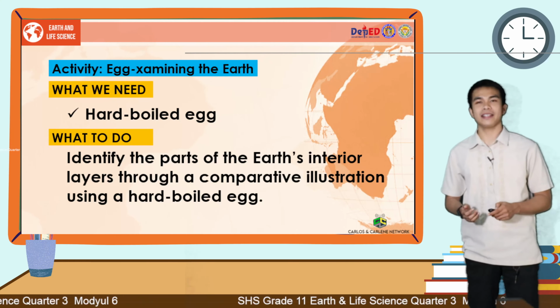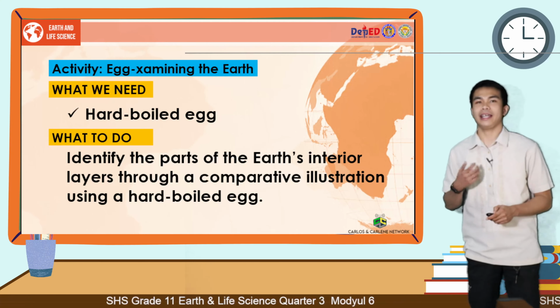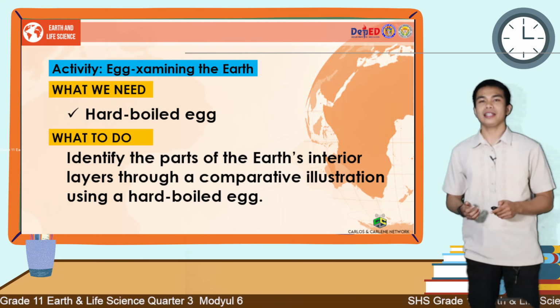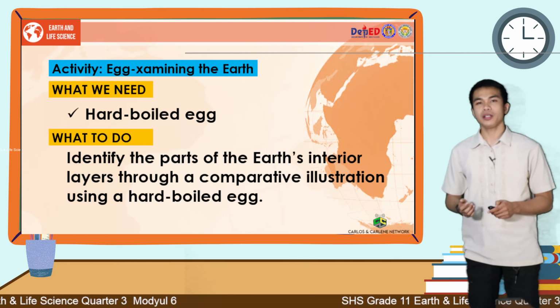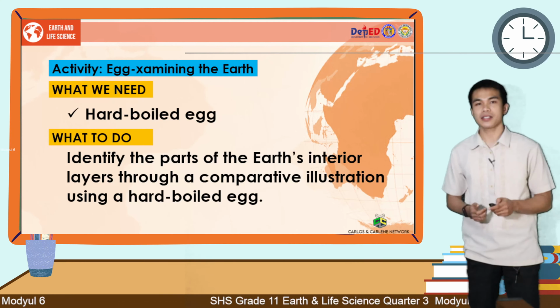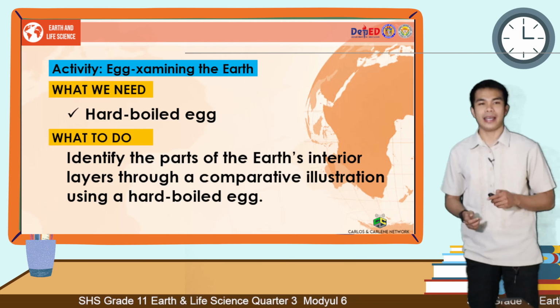For this activity, what we need is a hard-boiled egg. I've already prepared that before our lesson. And then what are you going to do? We are going to identify the parts of the Earth's interior layers through a comparative illustration using a hard-boiled egg.